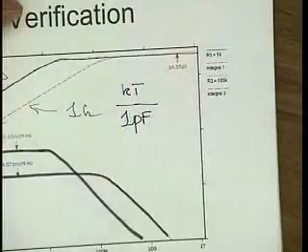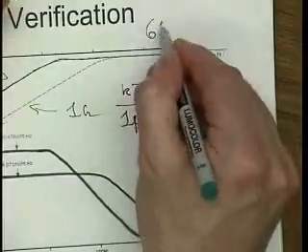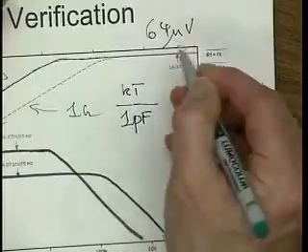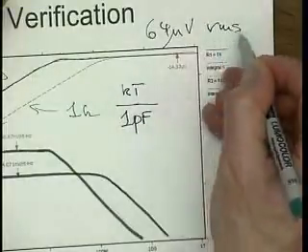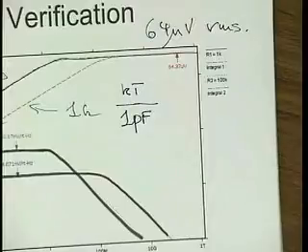And kT over C for 1 picofarad at room temperature is 64 microvolts RMS, and that's another number that I know. So apparently, if we have a 1 picofarad capacitor there, we get noise samples of 64 microvolts. And it's totally irrelevant what the source resistance is.